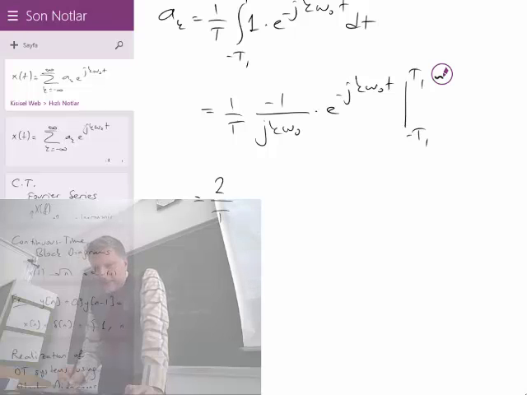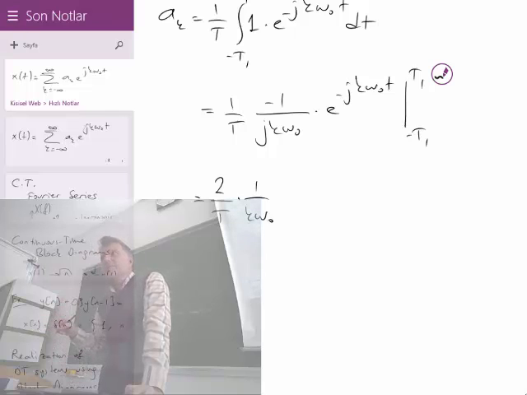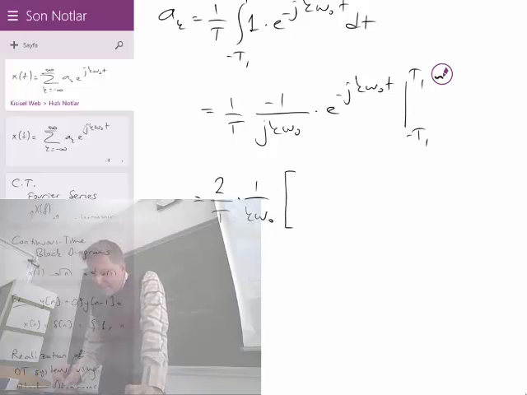2 over capital T times 1 over k omega 0. Why did I put 2? Because in the denominators of the other terms I'll put a 2, and I will also put these j in the denominators of the others. When I put them, you will understand what I mean. e to the, no, it's not minus.